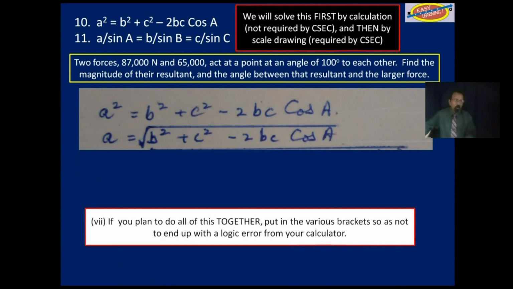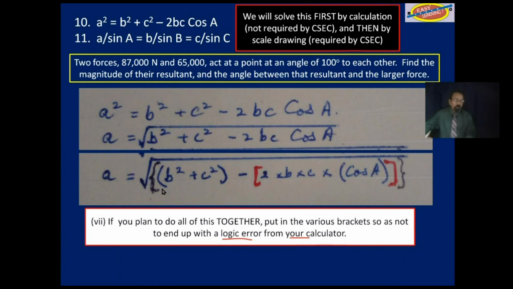Now, if you plan to do all of this in one step, we need to put in some brackets so that we will not end up with a logic error from the calculator. To do that, use a curly bracket here to begin and a curly bracket here to end, so that you will find the square root of everything in between.